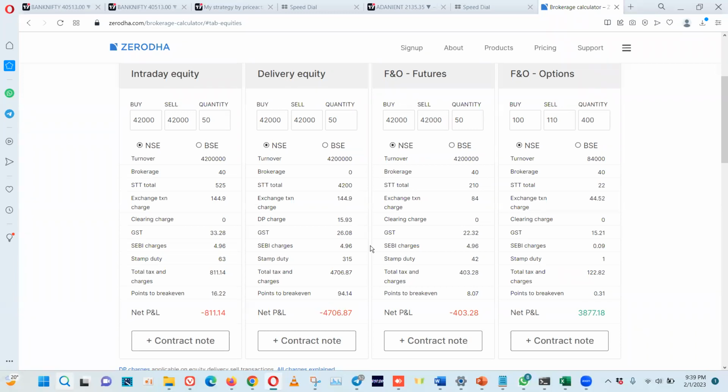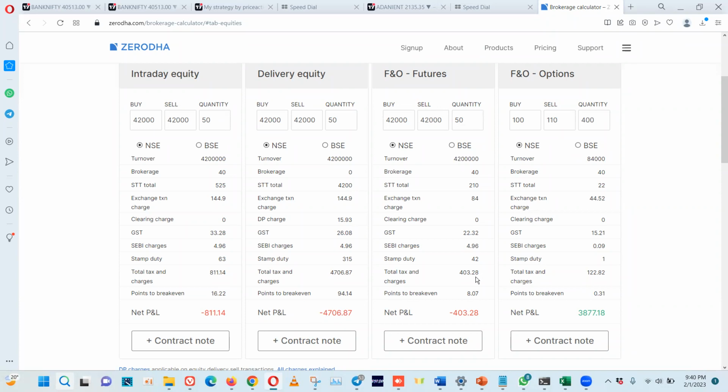See the difference? This is just 400 rupees. This is 4,000 rupees. So if possible, we should trade in futures or options. Otherwise, the charges will eat a lot of profit from our pockets.